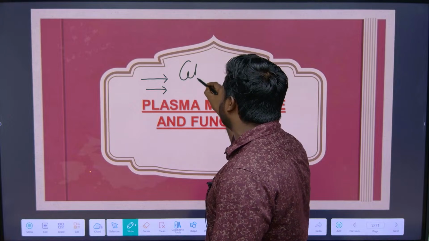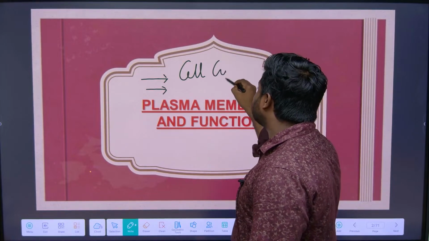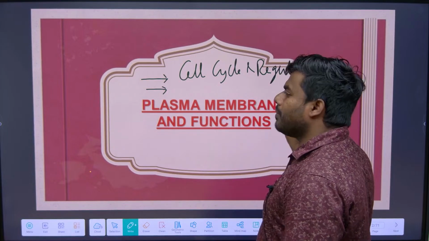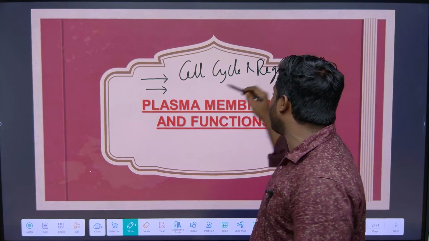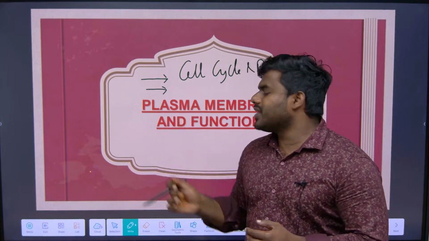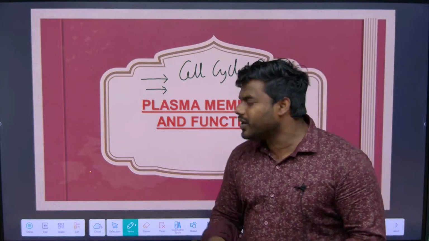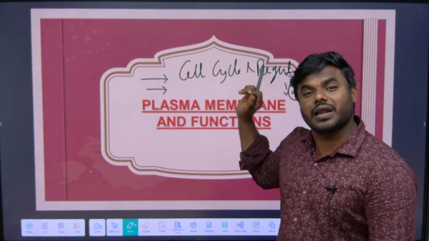Apart from the cell organelles, we have to focus on the cell cycle and its regulation. Minimum 2 questions you can expect from here. Most students will just read mitosis and meiosis and won't focus on the regulatory part. The difficult question always appears from the regulation.